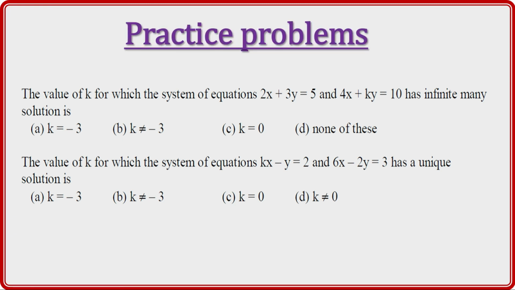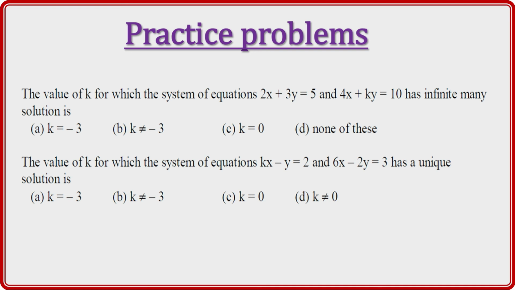Children, next, the value of k for which the system of equations 2x plus 3y is equal to 5 and 4x plus ky is equal to 10 has infinitely many solutions, which means infinite solutions. Here the value of k is equal to minus 3 or k is not equal to minus 3 or k is equal to 0 or none of these.